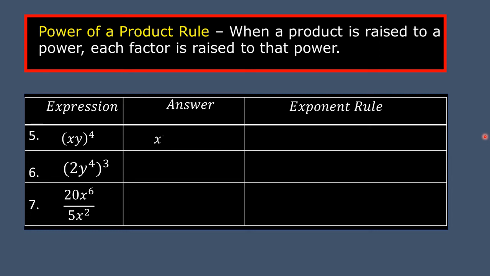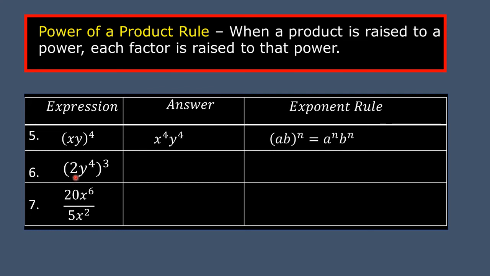So the answer is x raised to the exponent of 4, y raised to the exponent of 4. The exponent rule in symbols is open parenthesis ab close parenthesis raised to n is equal to a raised to n, b raised to n.